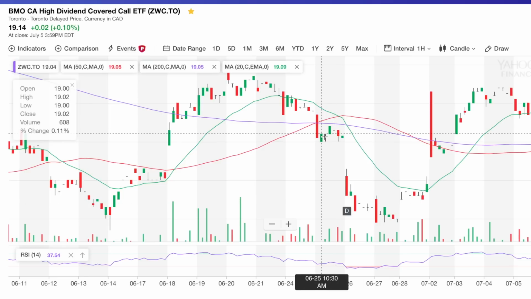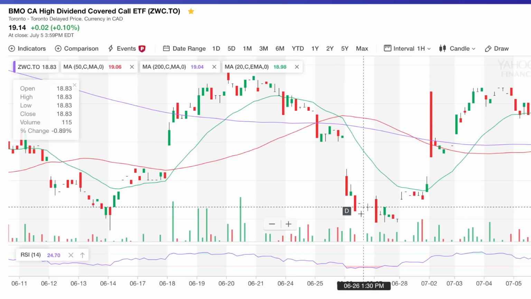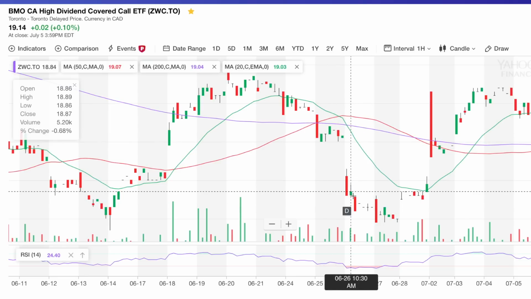As a long-term investor over the long haul, it makes absolutely no difference whether I'm buying here today and collecting the 11 cents or buying on this day and not collecting the 11 cents, because in the future, we're going to continue to collect that money. So for my $191 investment, I collected $1.10 this month. I expect to collect $1.10 in July, $1.10 in August, $1.10. You see how this goes.